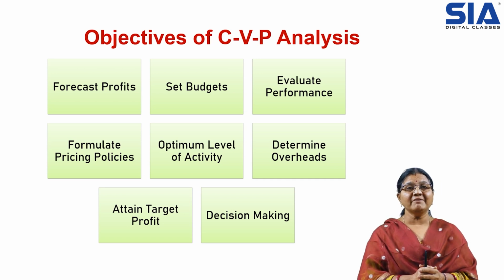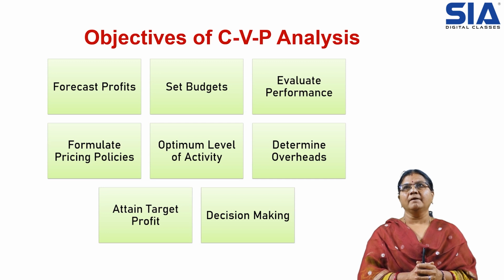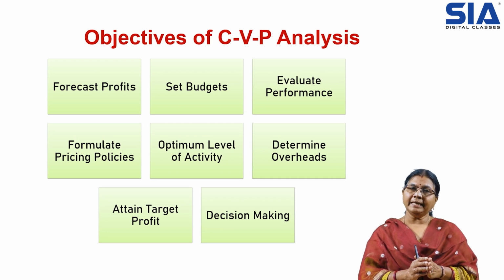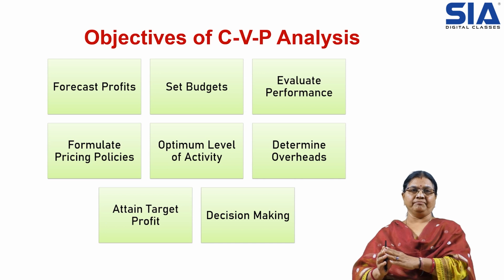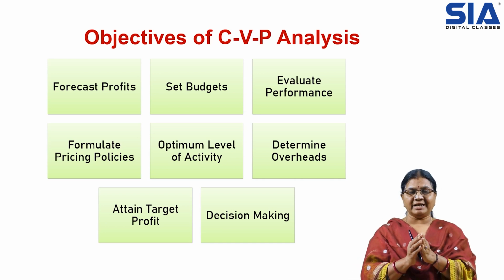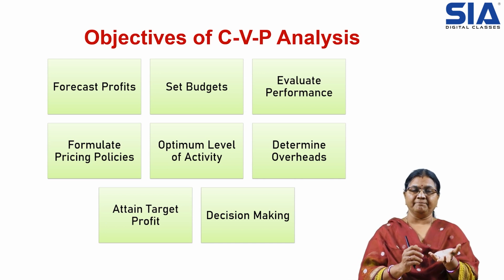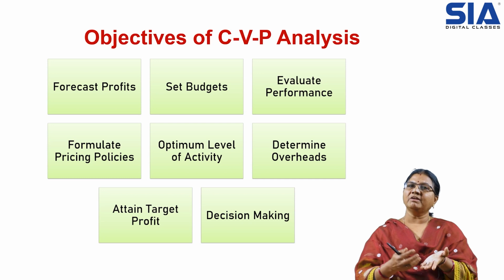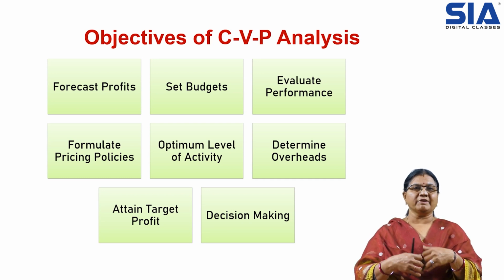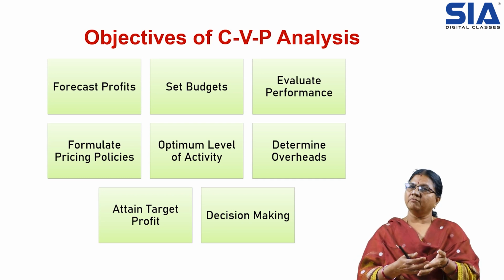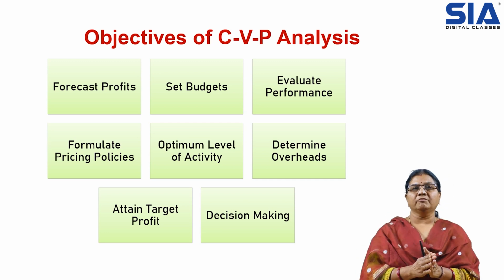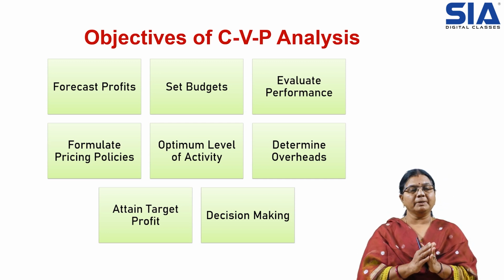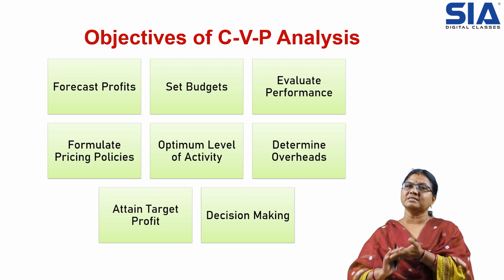Then optimum level of activity. Optimum means the best use. Any resource you cannot use to the maximum. For example, if we use a machine to the maximum, the machine will break down. If we work 24 hours, we will get exhausted. It will definitely interrupt our future work. So the optimum level is where there is the best utilization.